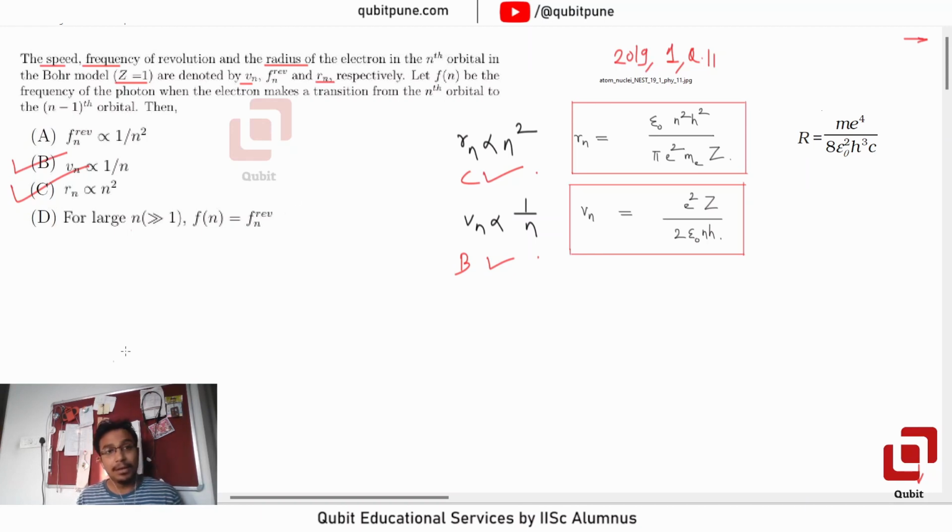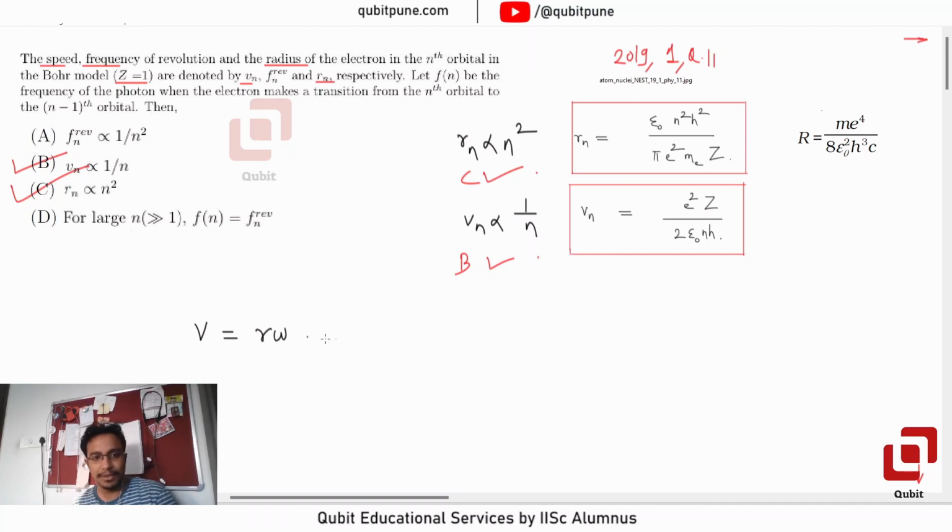Now let us come to option A, because it deals with the frequency of revolution. Now we can say that V is equal to R omega, assuming that the electron performs uniform circular motion, that's what we do assume in the Bohr model.